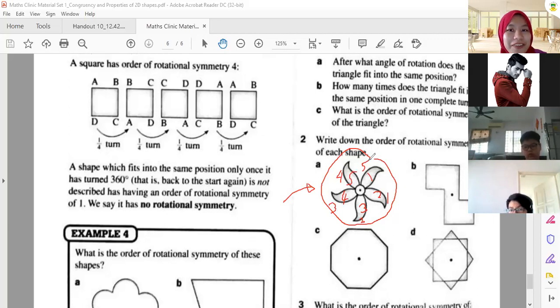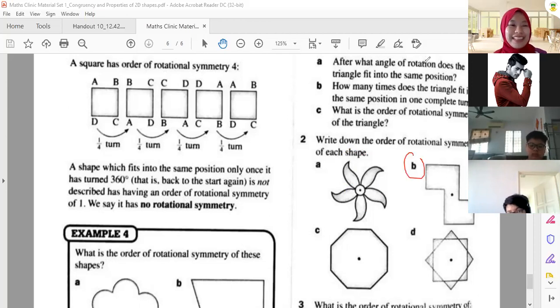Careful, 5, not 4. 4 is if it has 4 blades. If it has 5 blades, it has 5. For B, you will see weird, unique shapes in this material. B, you will have 2 times. 2 orders of rotational symmetry.